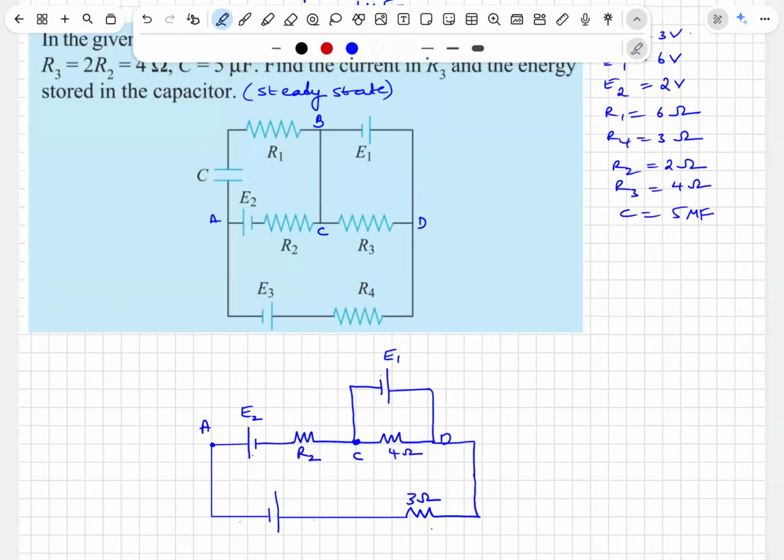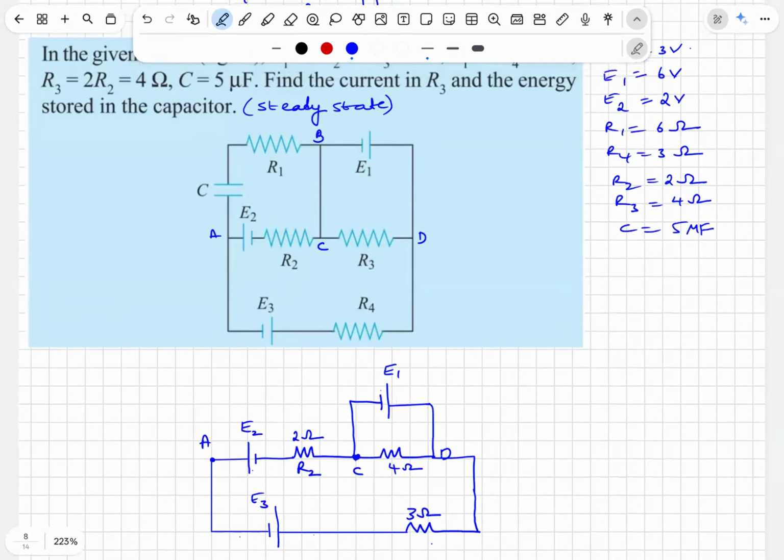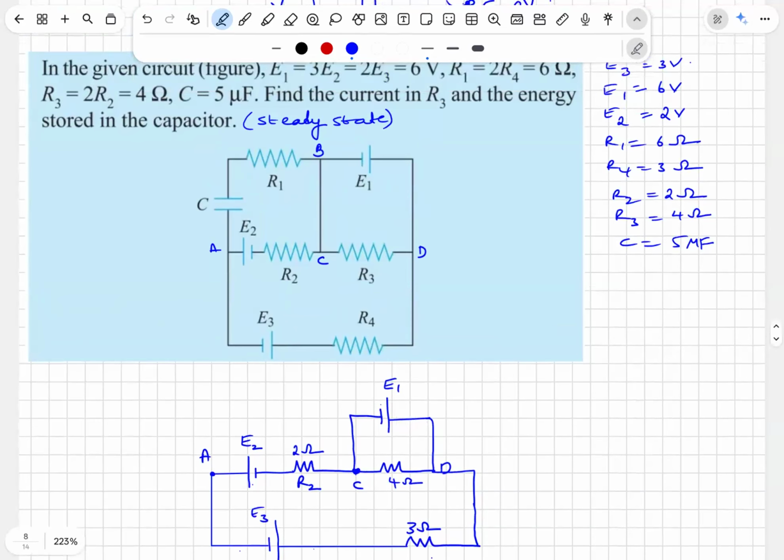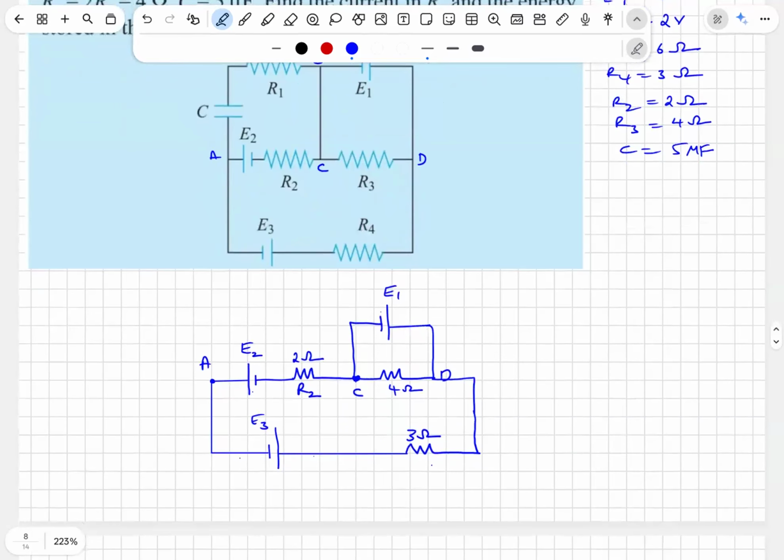R2 is a 2 ohm. Fortunately, I know the potential drop across VC and VC minus VD. And by the way, this is E3. Out of all, which is higher? E1 is higher. So majorly, I am assuming this is how the main current I flows.